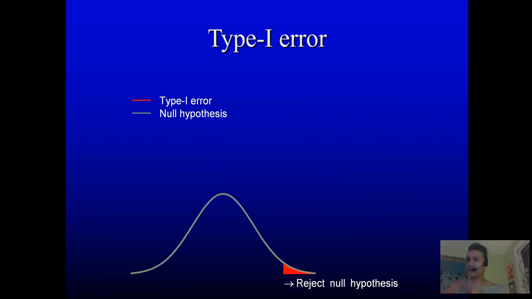Okay. So to summarize, if this is the distribution of mean blood pressure change that we would expect in a population if the null hypothesis were true, then if I get a sample over here in this red area, it is so unusual, I can reject that null hypothesis and say, this is nonsense.